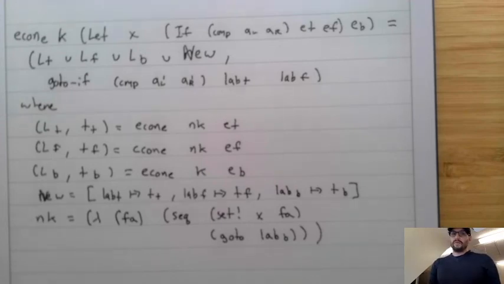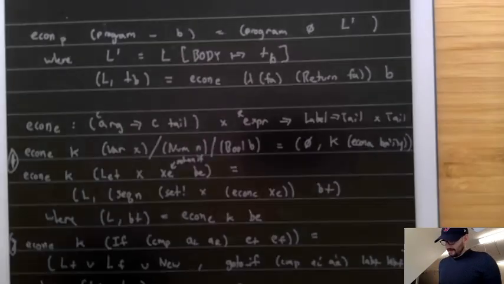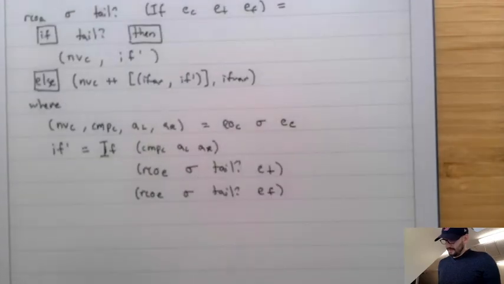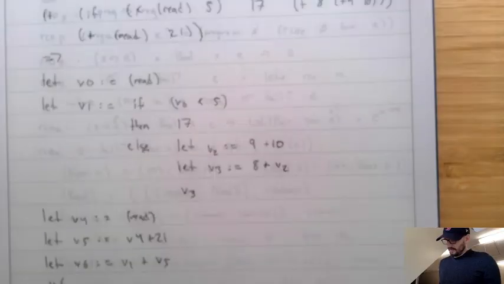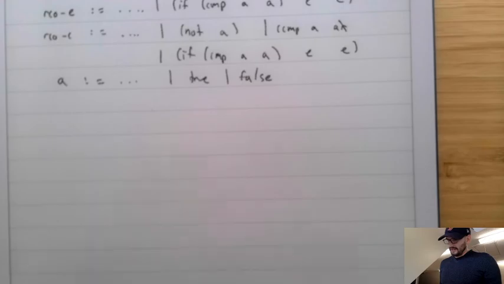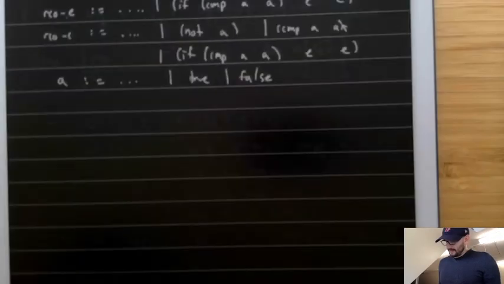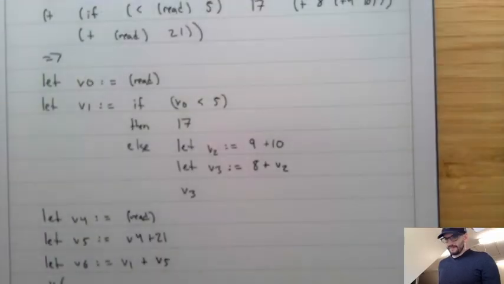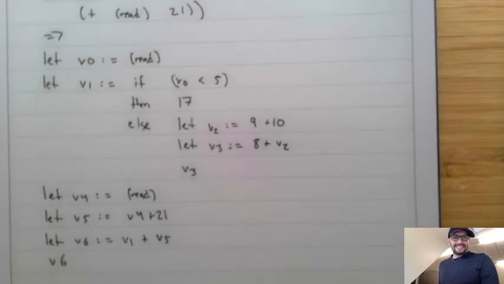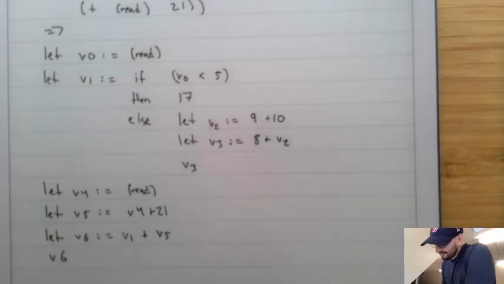So now, what does that mean that our program is going to end up looking like? Remember we had this example program way back. Right here, this example program. So what is this example program going to turn into?